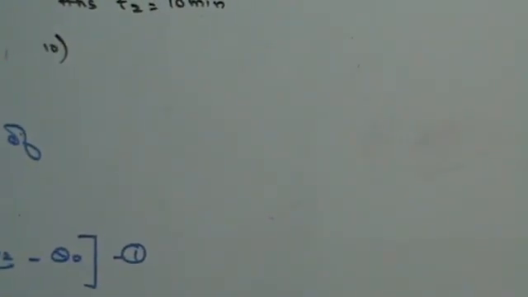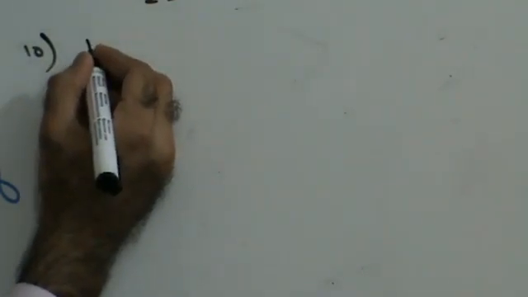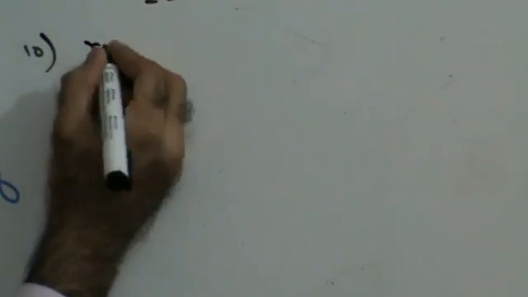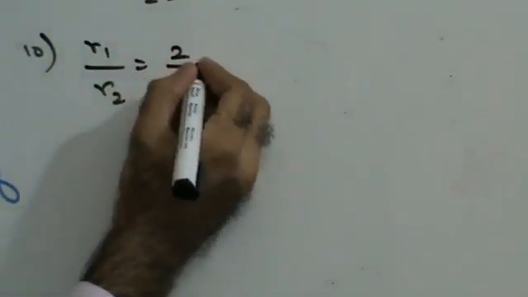Next, two spheres of the same material have their radii in the ratio of 2:3.